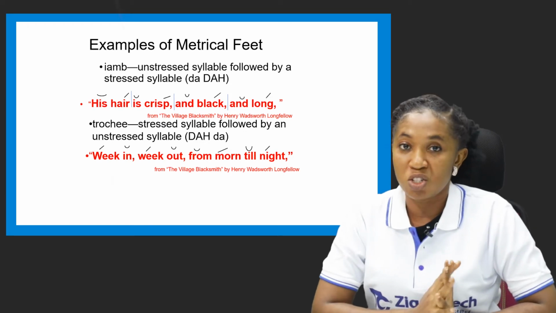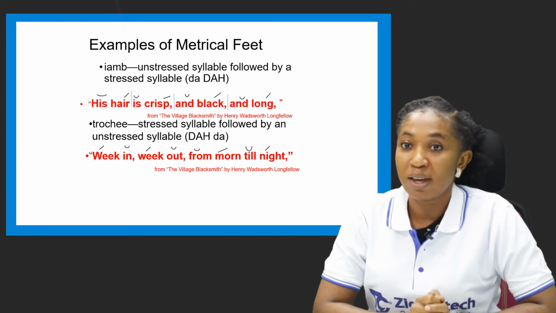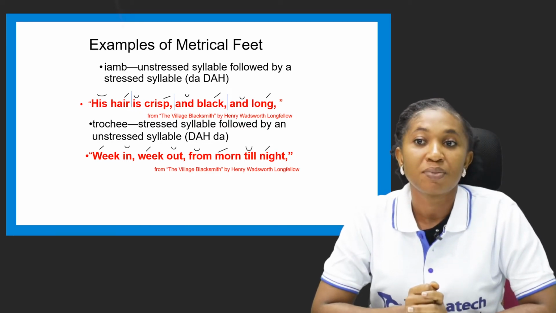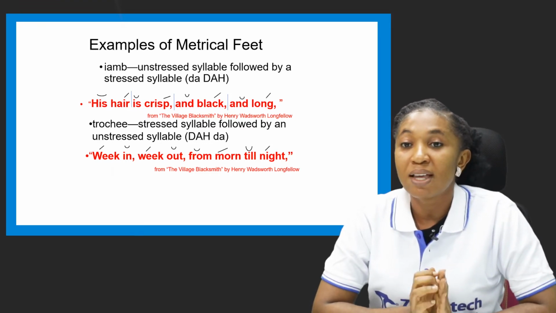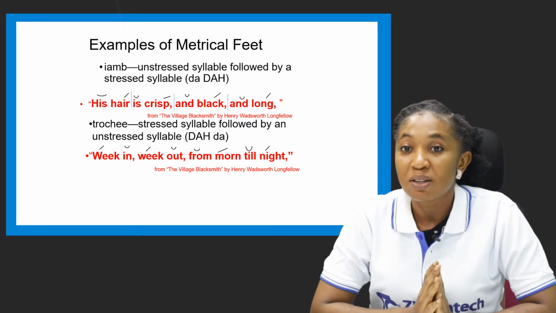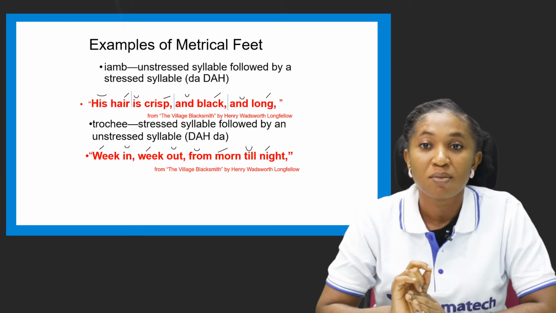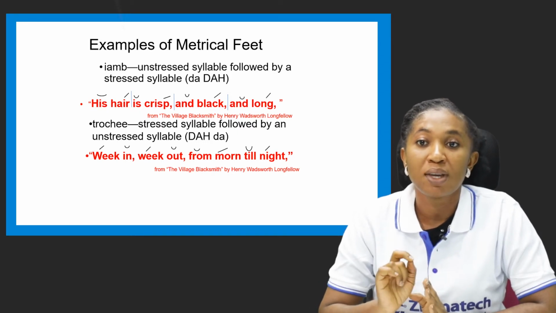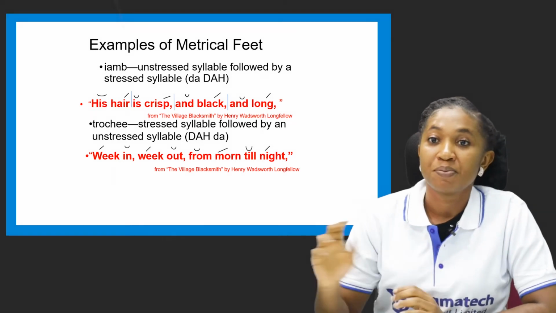So "week" is stressed, and "in" is not stressed. In the second phrase, we have "week" being stressed and "out" being unstressed. In this line, the first 2 phrases are examples of trochee: week in, week out. That is DUM-da, DUM-da. I hope that is clear.